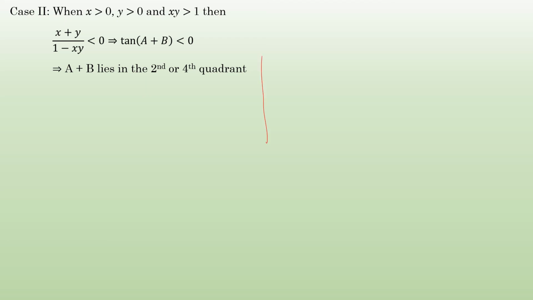Now you see, in the first part x is greater than 0. So what was x? X is now tan a. Tan a is greater than 0, where a is the angle. In case of the tan function, the principal branch is that the angle should be from minus pi by 2 up to pi by 2.